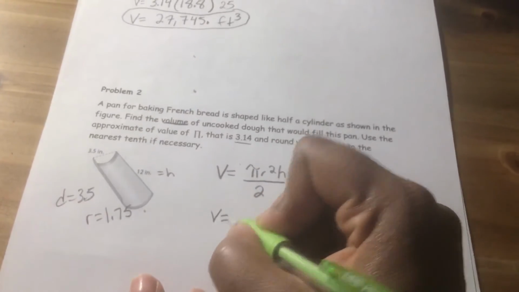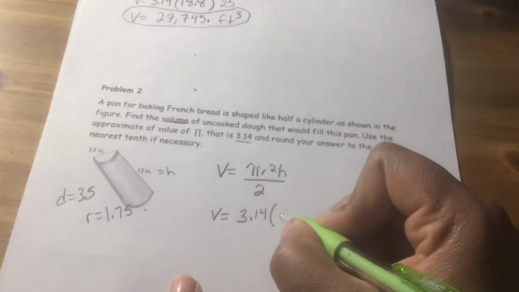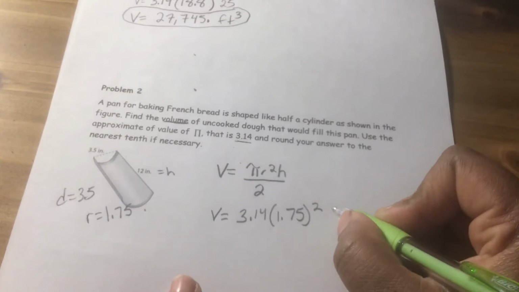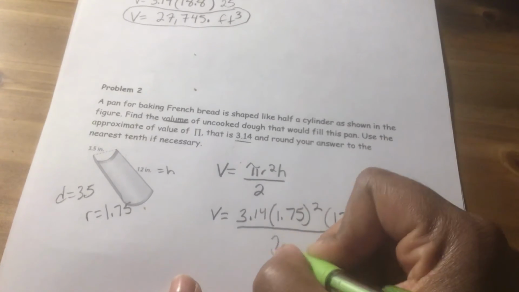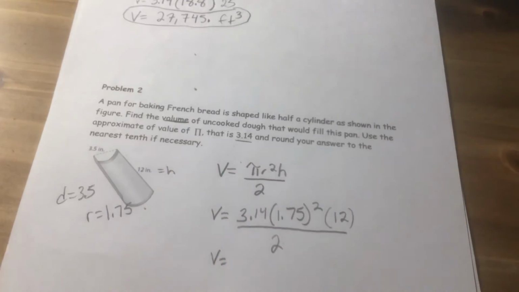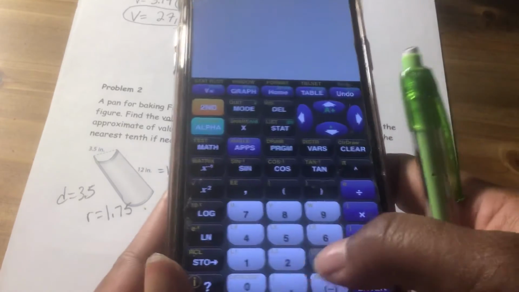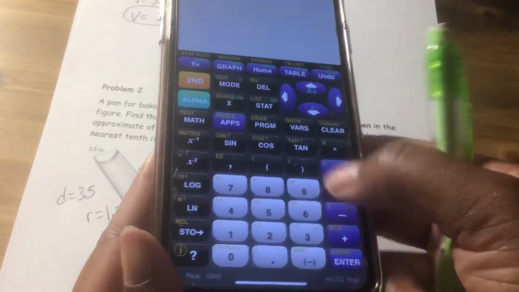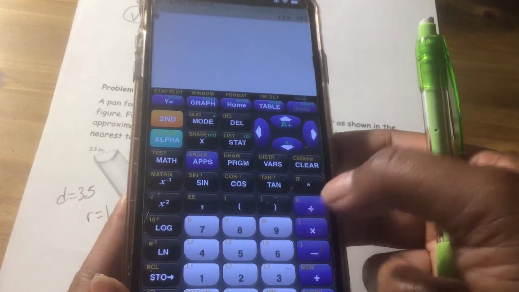So here we have V equals 3.14 for pi times a radius of 1.75 squared and a height of 12. You're going to divide all of that by 2. Let's do it. We have 3.14 times 1.75 squared times 12, and then we take that answer and divide it by 2.